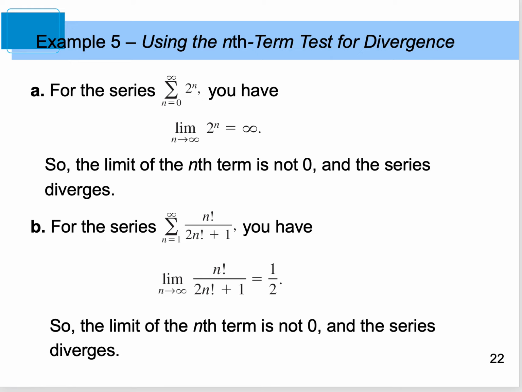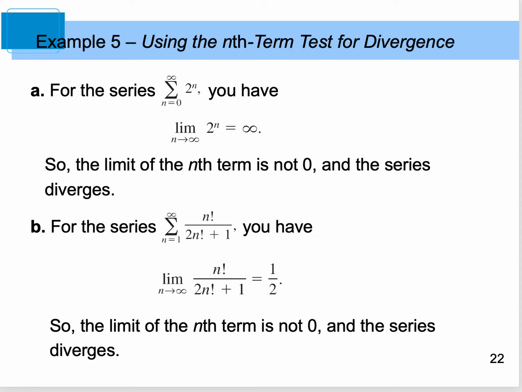So if we look at part A, if I have 2 to the n, and I take the limit of 2 to the n, that is infinity. So that means that it's going to diverge because it's not 0. If I look at n factorial over 2n factorial plus 1, then that means that if I take the limit as n approaches infinity, I'm going to have basically even powers at the top and the bottom, so it's going to be 1/2.